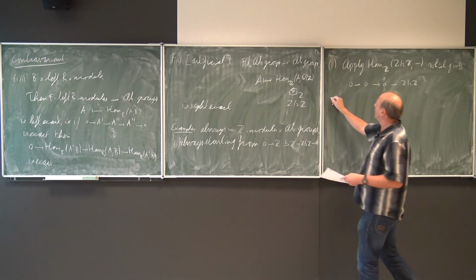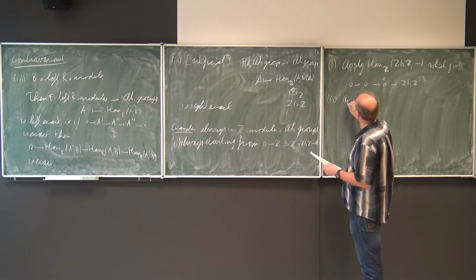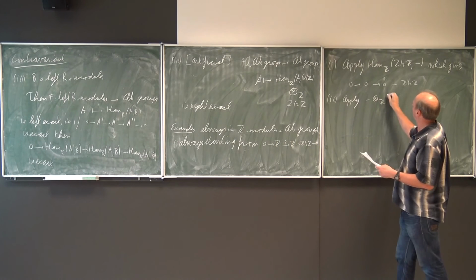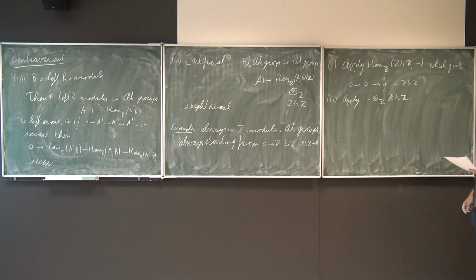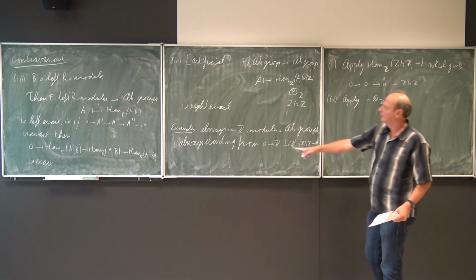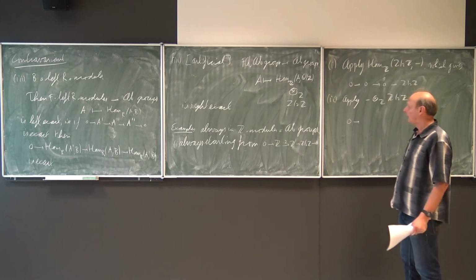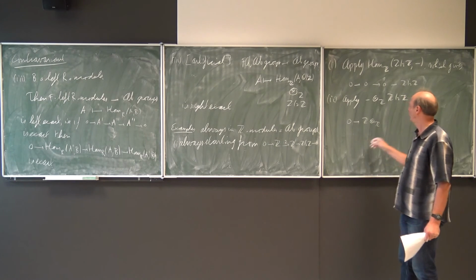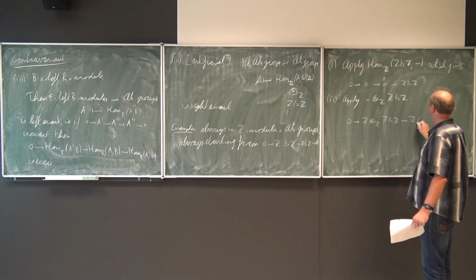So the second one, we now apply tensor over Z with Z modulo 2Z. And well, if I tensor 0 with this thing, I get 0. Let me first write down what we officially get. Z tensor over Z modulo 2Z.